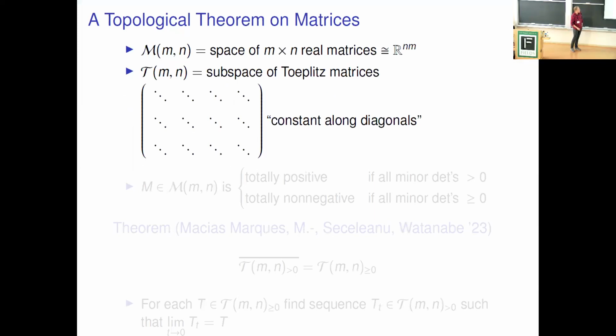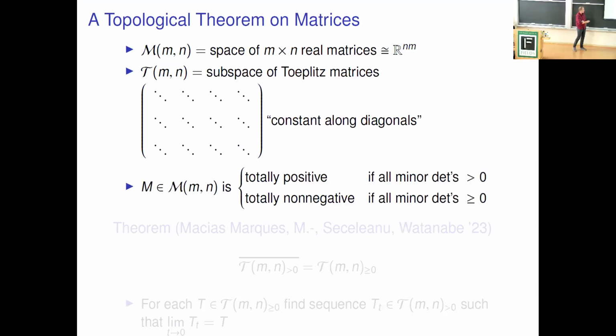Inside that, I want to think about the subspace of real m by n Toeplitz matrices. Toeplitz means that the entries along each diagonal are all constants. You can have different entries in different diagonals, but along each diagonal, they're all the same. So that's Toeplitz.